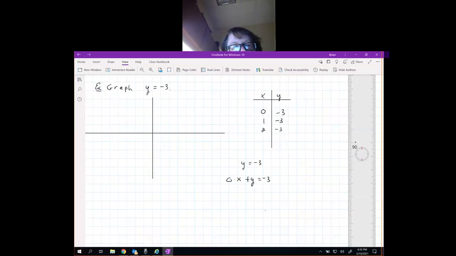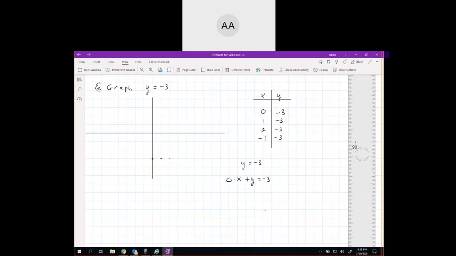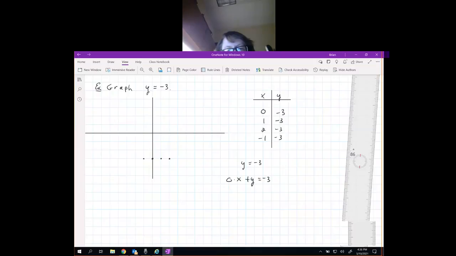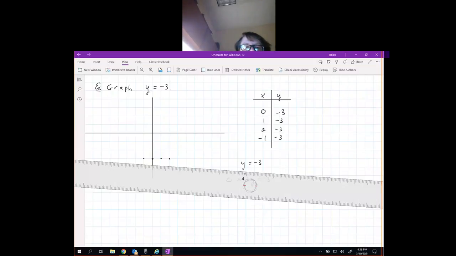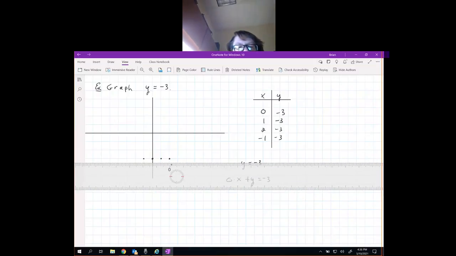No matter what you plug in for x, y is always going to be -3. So let me put a point at 0, -3, and then everything. We had 1, -3. We had 2, -3. I had -1, -3. Do you see what it's going to be here? Yeah, that's going to be a horizontal line.